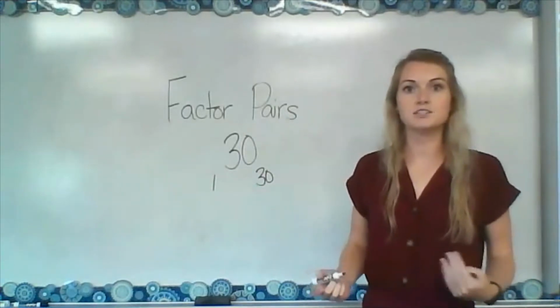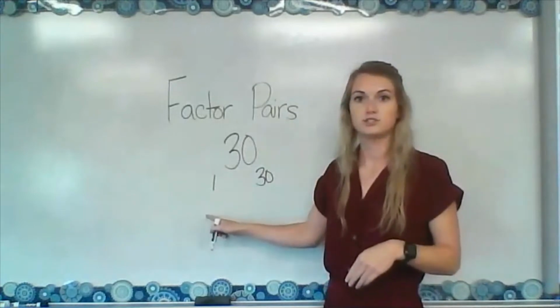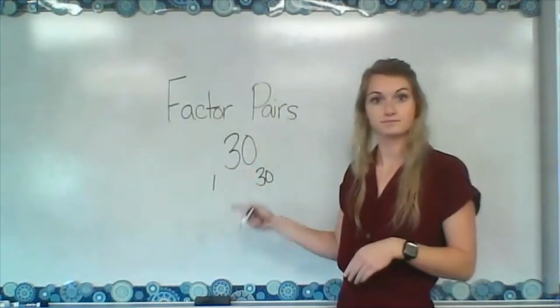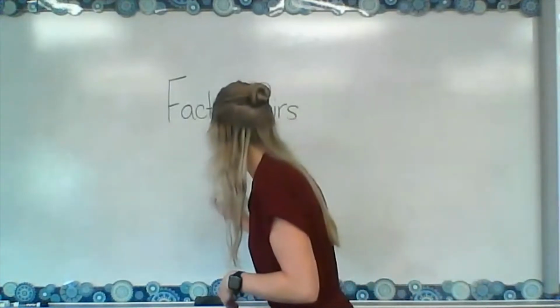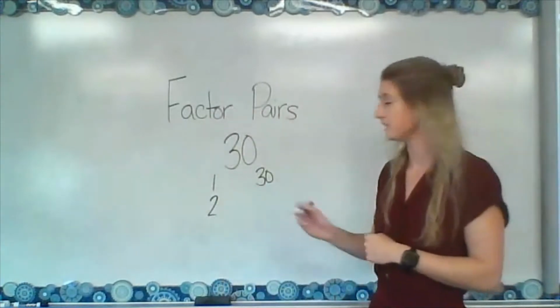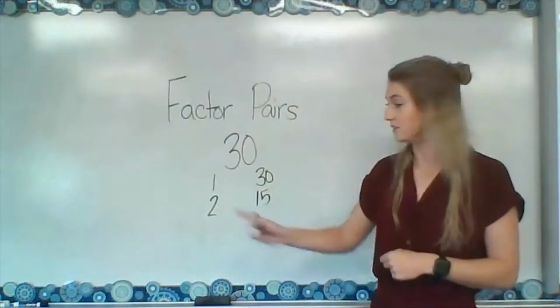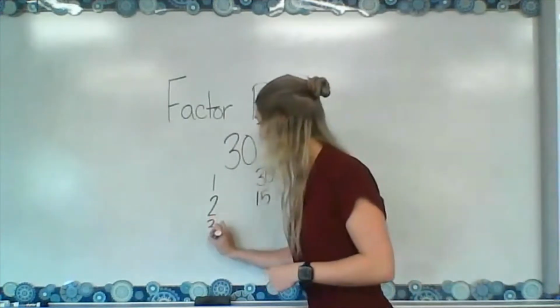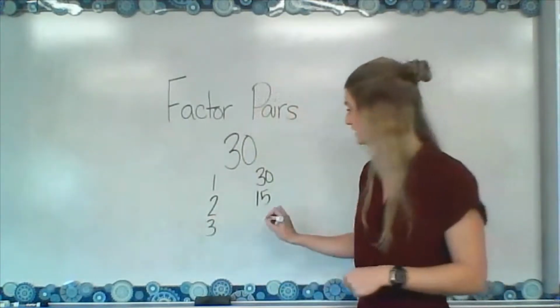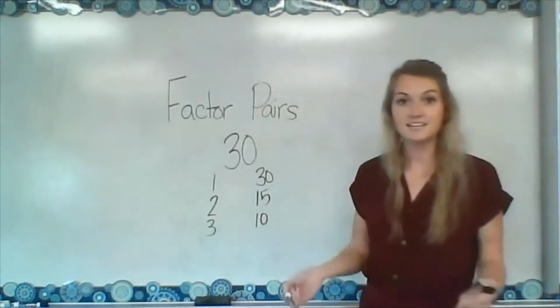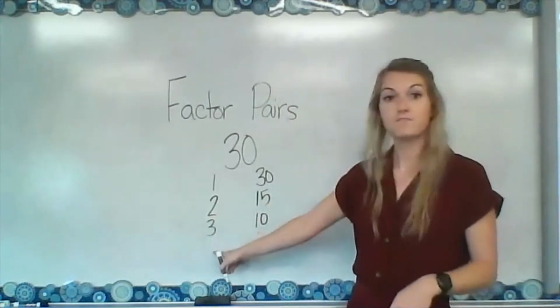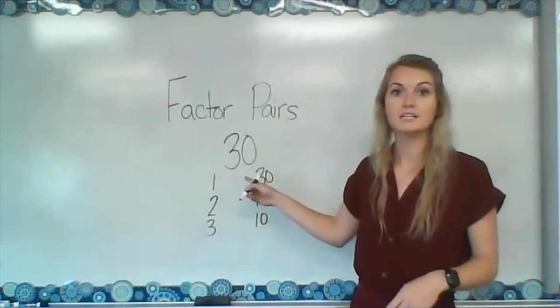So then the very next thing to do is to ask yourself, does 2 go into 30? Yeah, 2 does. 2 goes into 30 15 times. Then we'll go right down the line. What about 3? 3 goes in 10 times. What about 4? Does 4 go into 30?